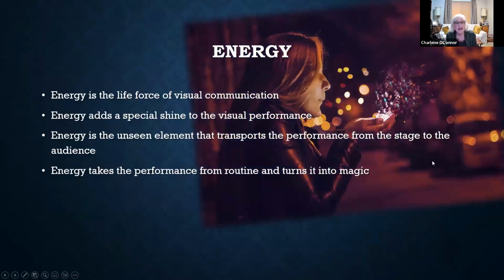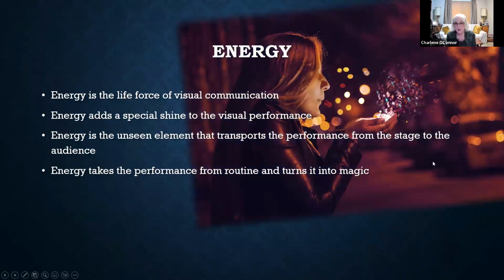Energy is the life force of visual communication. Now, let me say that again. Energy is the life force of visual communication. Energy propels the aspect of musical performance. Now, there are different levels and kinds of energy that are needed to breathe life into our communication visually.